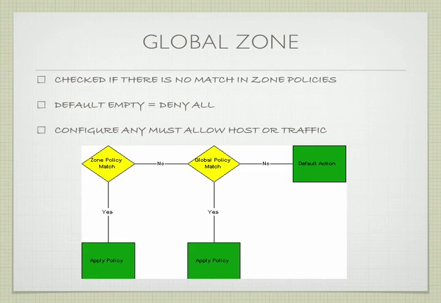So if you have some traffic that's not going to hit your policies, and you want to configure this in the global zone, you can allow the traffic there. This will be an extremely rare circumstance. You generally don't want to be creating global rules unless there's particular issues occurring with policies where you're actually getting the message that this is being denied by the global policy, and therefore you have to create a global policy to allow the traffic.